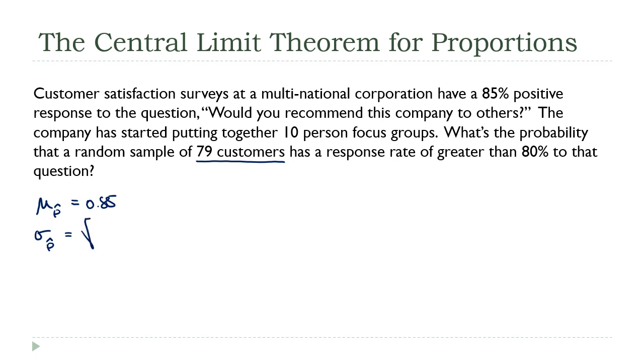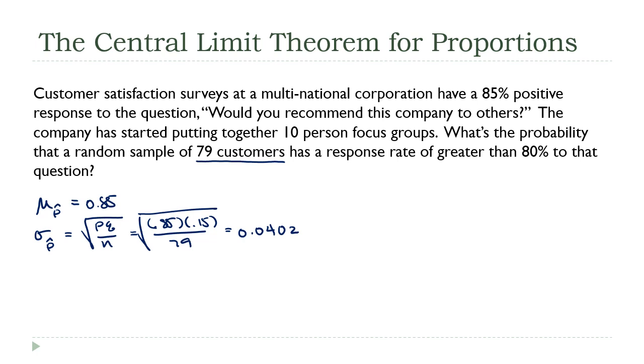This is the square root of PQ divided by N. So this is 0.85 times 0.15 divided by 79, square root of the whole thing, and my calculator tells me this is 0.0402.